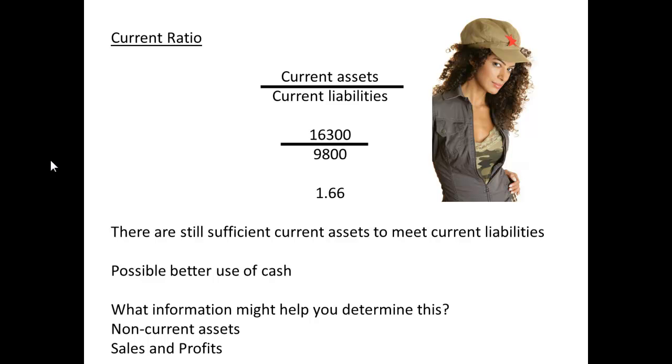Right, there are still sufficient current assets to meet current liabilities, although obviously the margin of comfort is not as great now, and this could mean that we've made possible better use of cash over the last year. In order to actually determine that, you might start looking at how the non-current assets have altered between the 2 years, but you would also want to look at what the sales were between the 2 years and what the profit levels were.